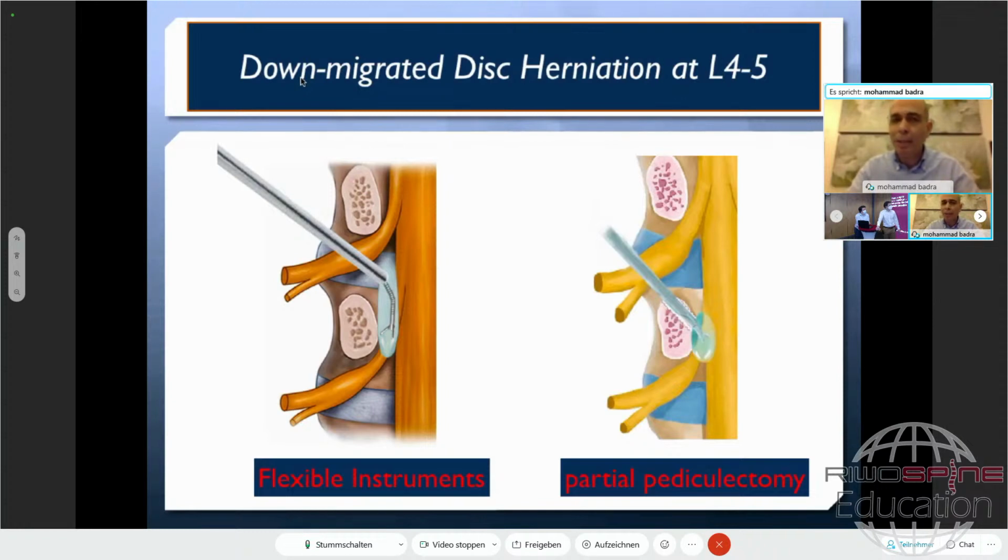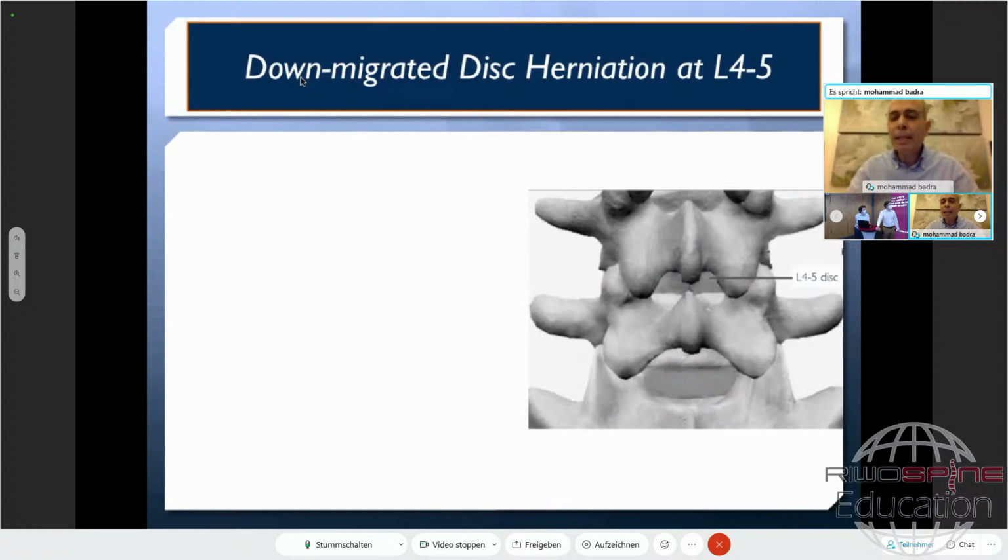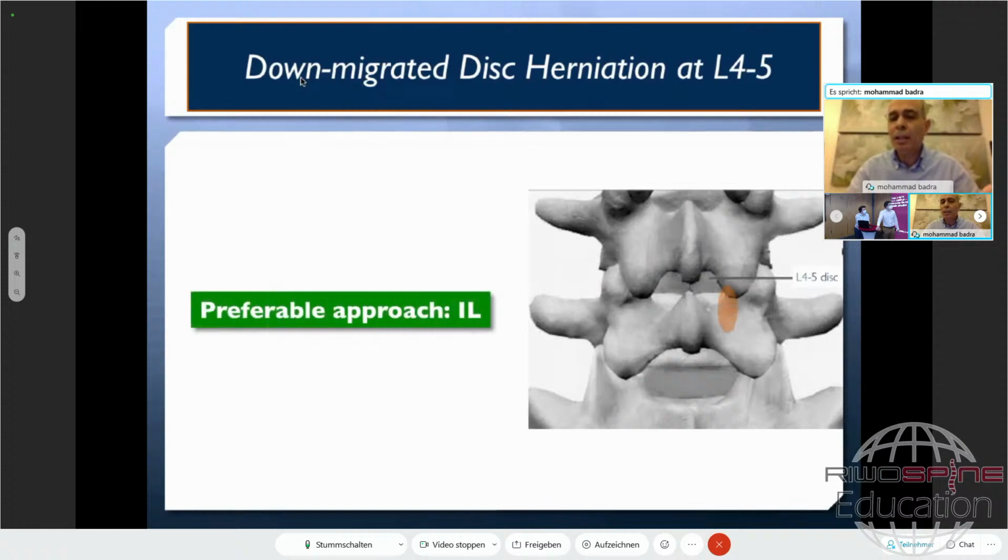This reminds me of the transiliac approach for L5S1, which we used to practice initially, but we're not using it anymore. But this is a way to go around a down-migrated disc hernia. So for a down-migrated disc hernia, I prefer to do it through the interlaminar approach.